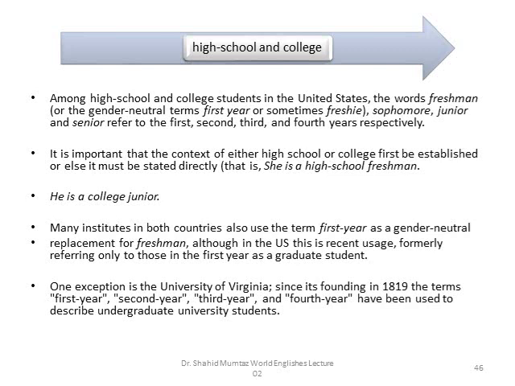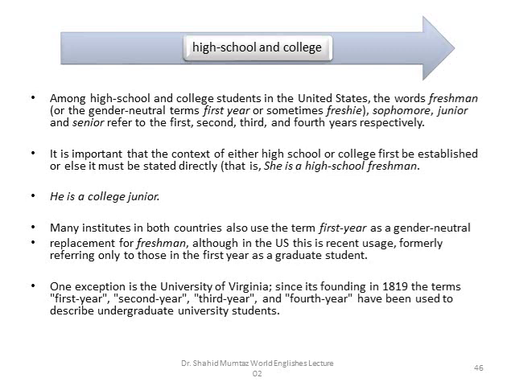First year and freshie are gender neutral, but freshman is just for male students. Sophomore is for the second year, junior for the third year, and senior for the fourth year.